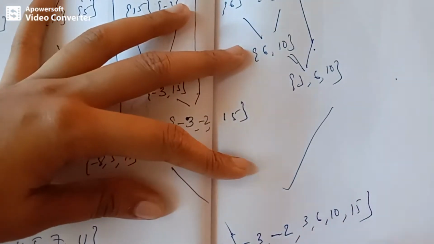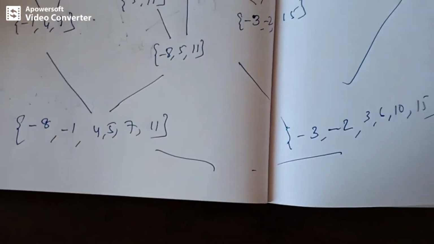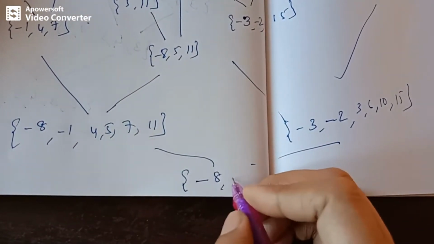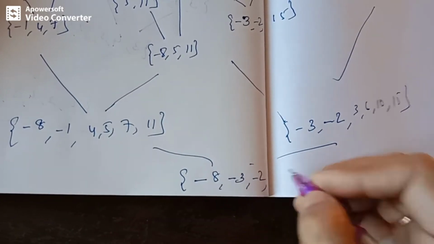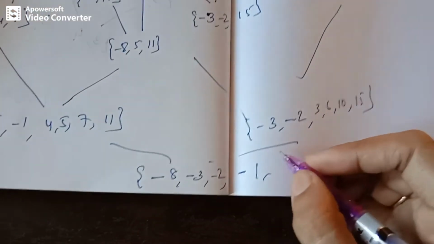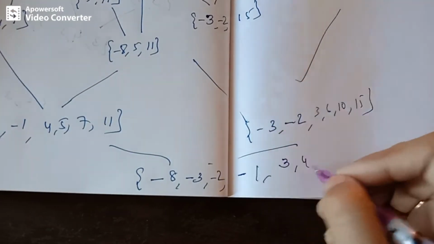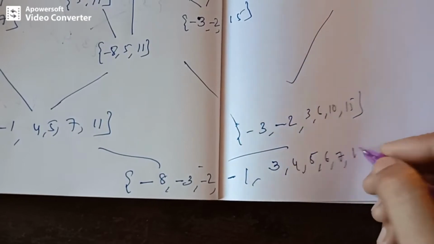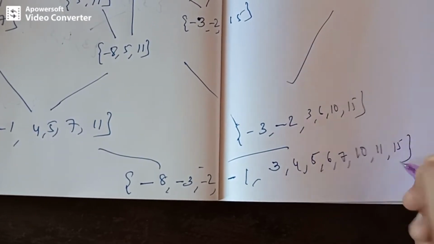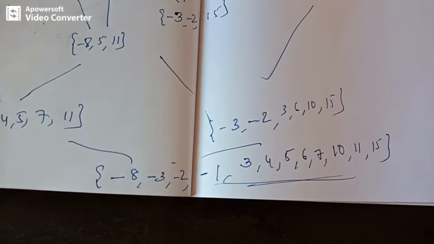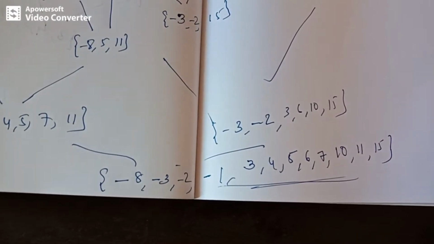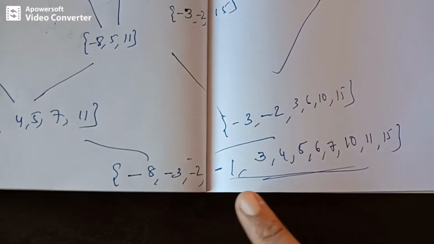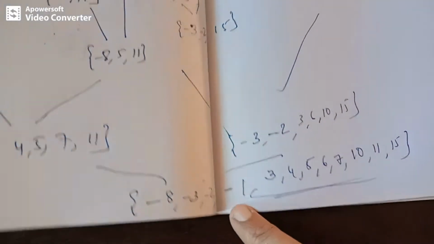Again when I combine these two, I will be getting the elements in sorted order: minus 8, minus 3, minus 2, minus 1, then 3, 4, 5, 6, 7, 10, 11 and 15. So this is the final list after merge sort. You can observe that all the elements are arranged in order.